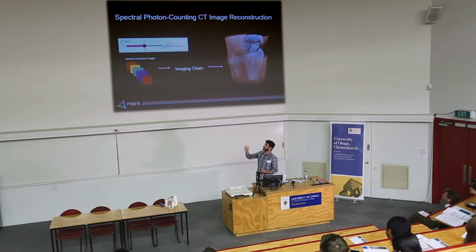What this means is that we actually get spectral information about the attenuation properties of the X-ray that passes through the specimen. That means at the very beginning of a data processing pipeline, you have photon counts at each of these energy thresholds. These can be considered to be spectral projection images, or what happened during the scan.